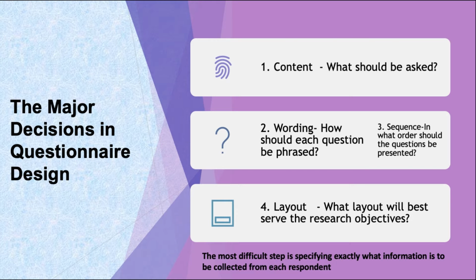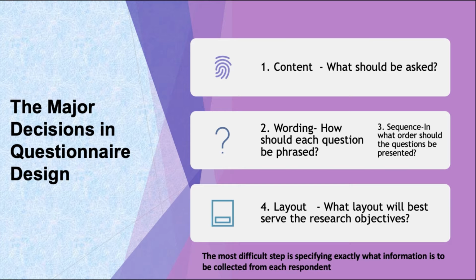The second is wording: how should each question be phrased? I mean, in a passive or positive way, and should the language or the structure be easy or complex? We will see that later. You should write in easy language and in very simple structure. And the third is sequence: in what order should the questions be presented?